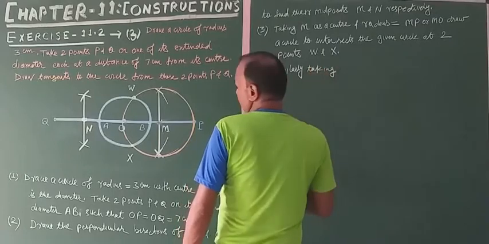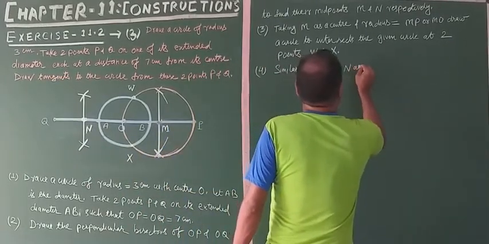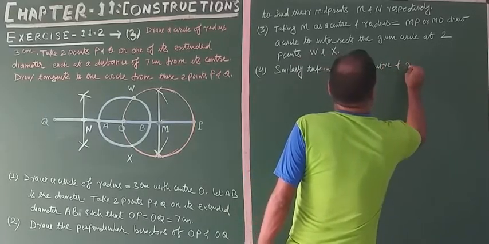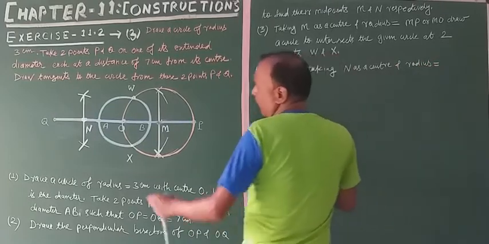And similarly, taking N as a center and radius equal to what?